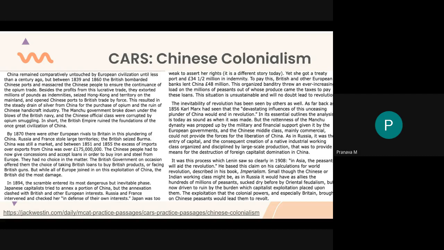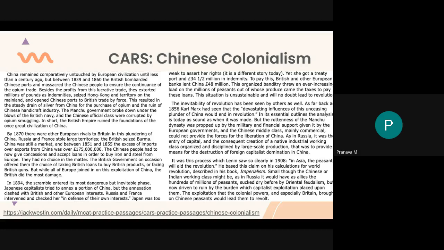So the next paragraph: the inevitability of revolution has been seen by others as well. As far back as 1856, Karl Marx had seen that the devastating influences of this unceasing plunder of China would end in revolution.